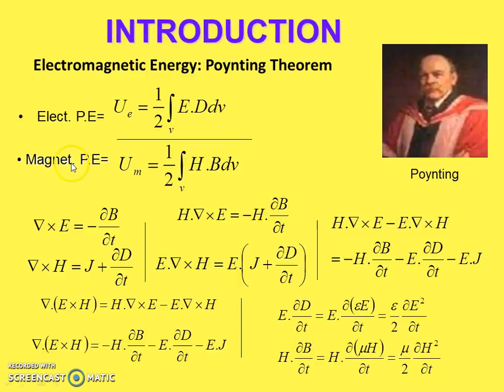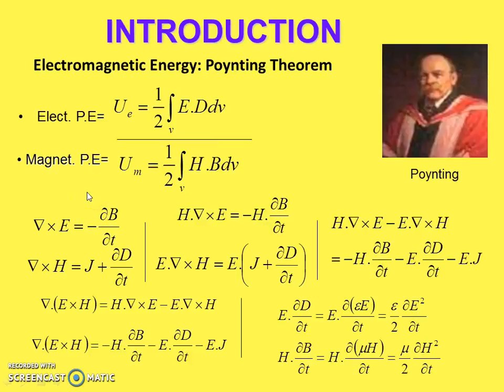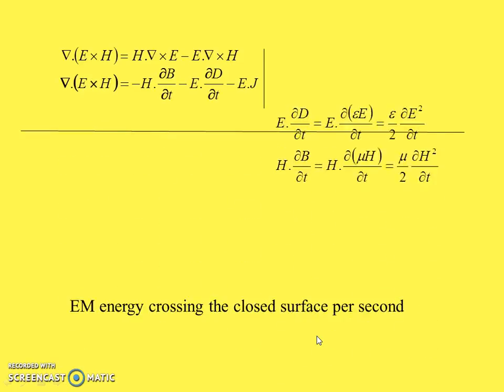Now these two energies are defined by two Maxwell equations, obtained from Faraday's electromagnetic induction and the modified Ampere's circuital law. With these two, we solve the equation by putting in these values, and we find this equation.